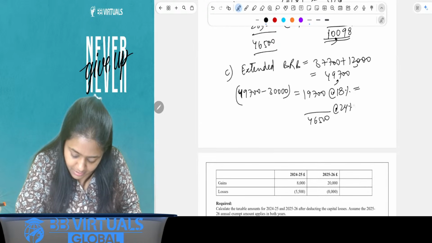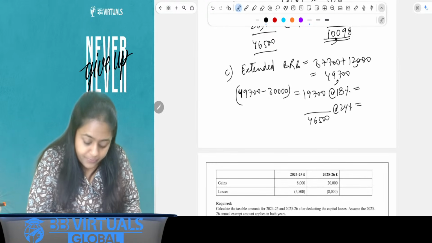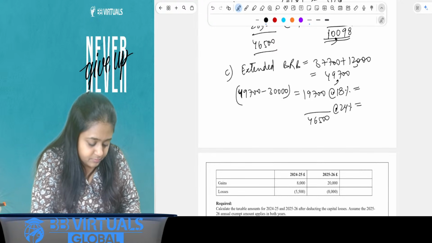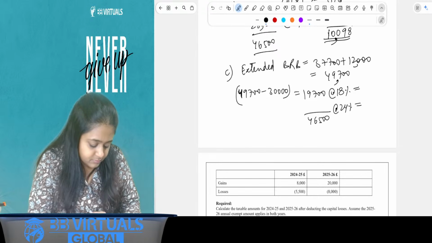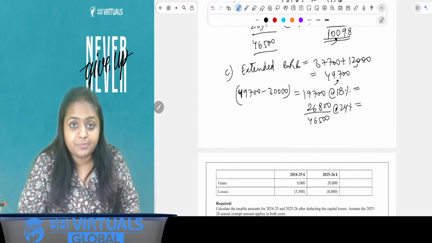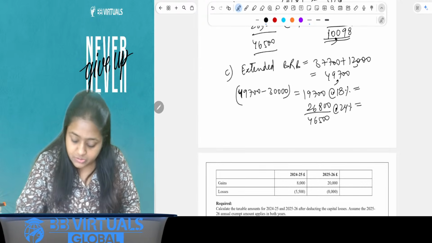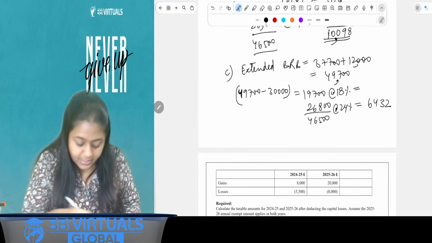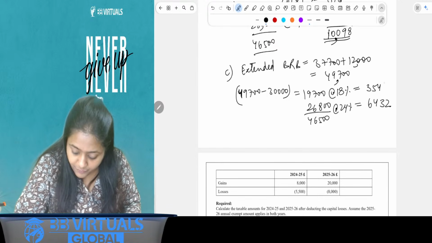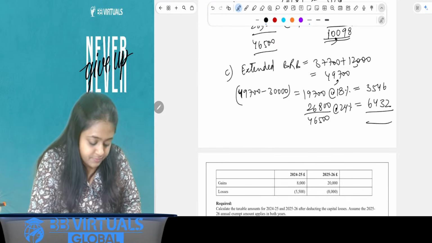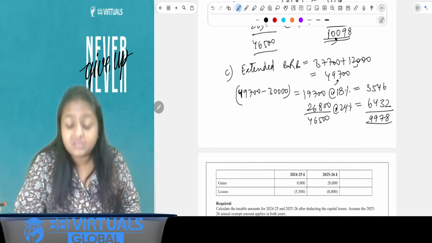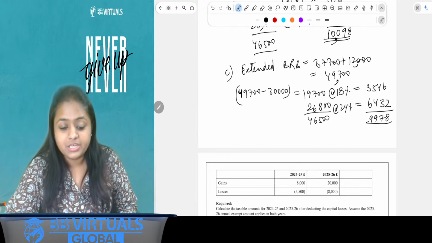So the remaining will be at 24%, and that will be 46,500 less 19,700, which is 26,800. And that at 24% will be 6,432. And here 19,700 multiplied by 18% will be 3,546. Now add it: 9,978. Got it? So we are done with this.